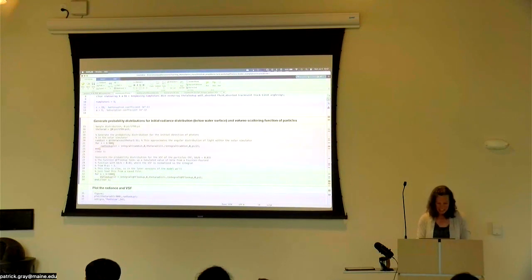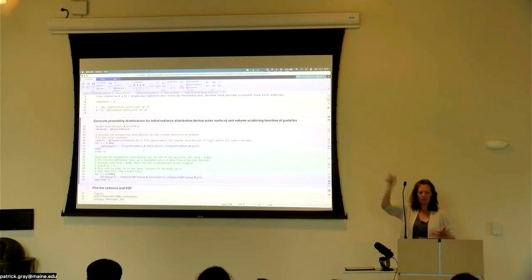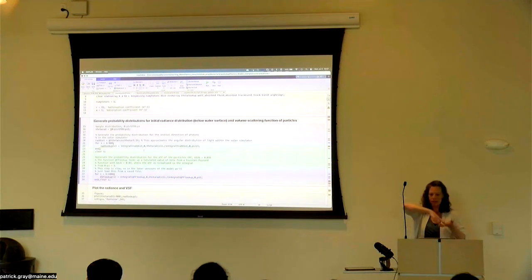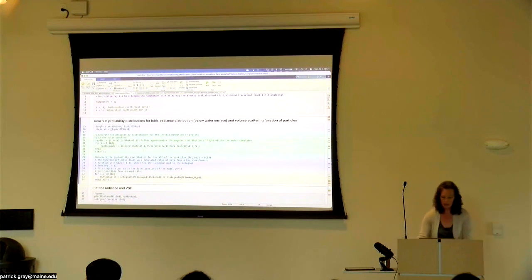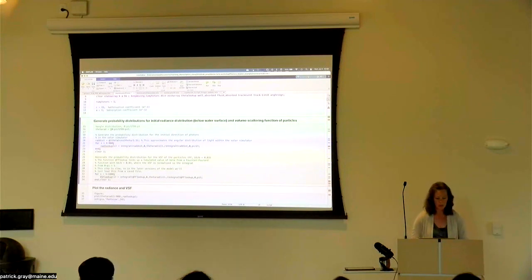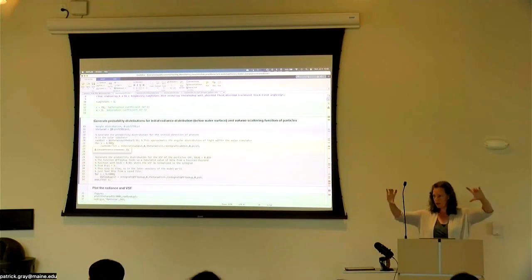I generated this probability distribution by integrating over the distribution of my irradiance coming in and then normalizing it to the entire distribution as a function of angle, so from 0 to each angle divided by the integral from 0 to the whole distribution. That was how I came up with this 0 to 1 probability mapping for the initial photon direction.